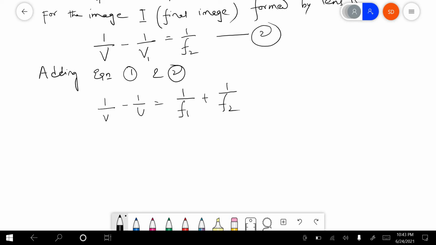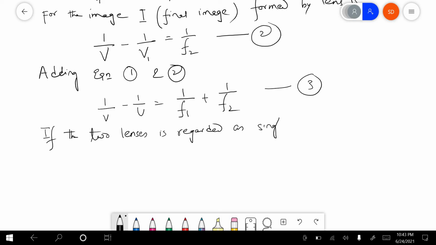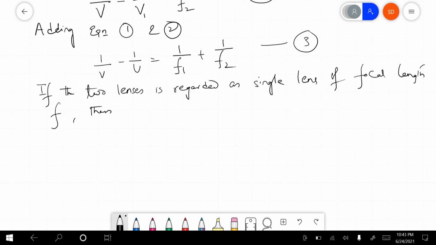Now, this is equation number 3. If the two lenses are regarded as a single lens, let these two lenses be equivalent to a single lens of focal length f, then equation 3 can be written as 1 by v minus 1 by u is equal to 1 by f.